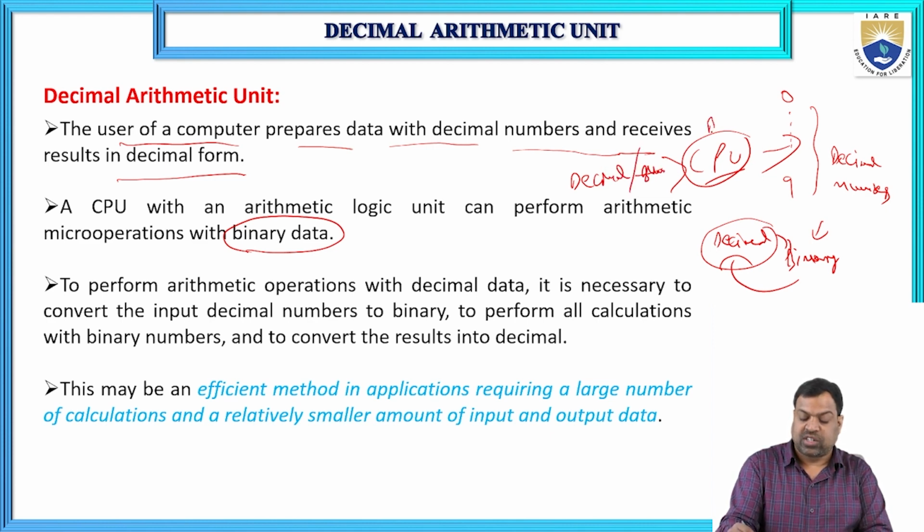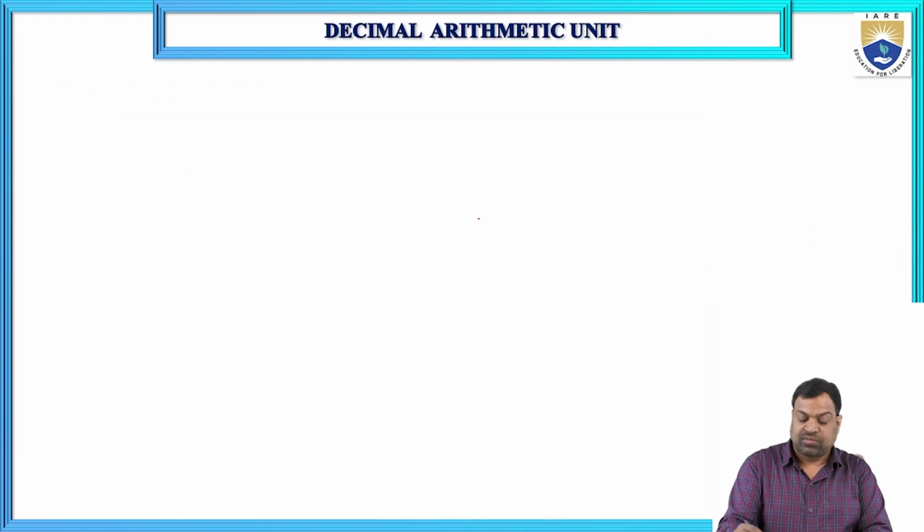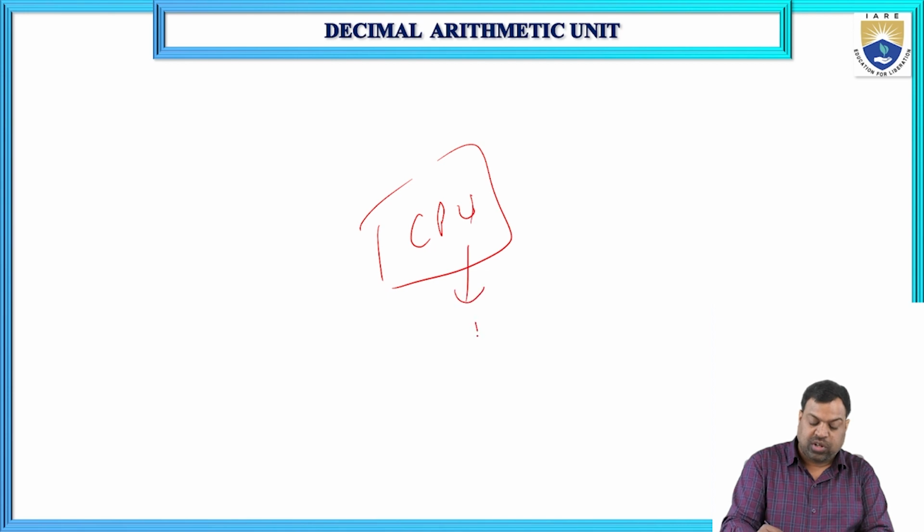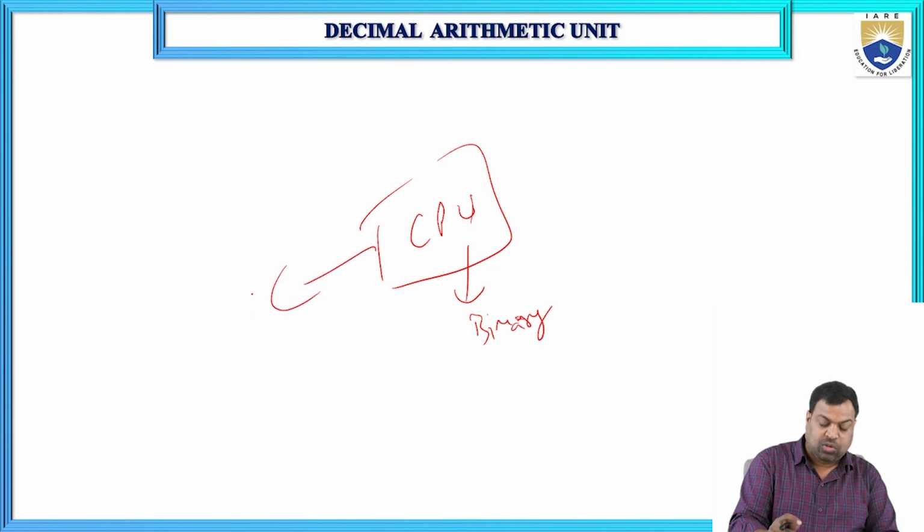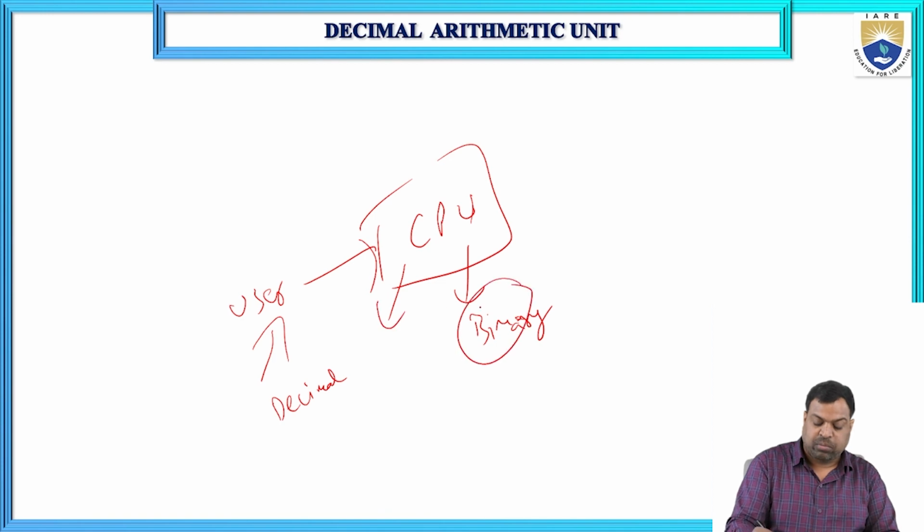After that, the CPU can understand binary. So, the user will give the information through decimal, and the CPU is understanding binary. So, it is converting from decimal to binary.